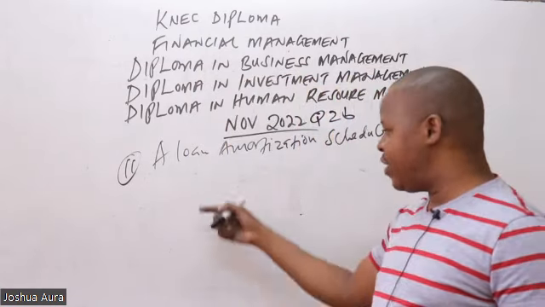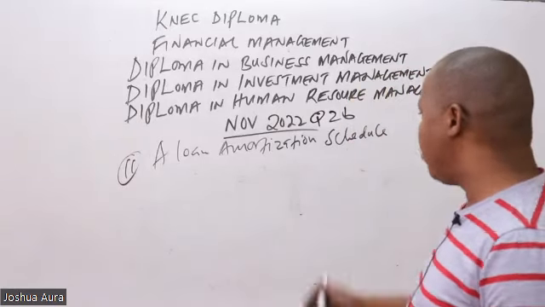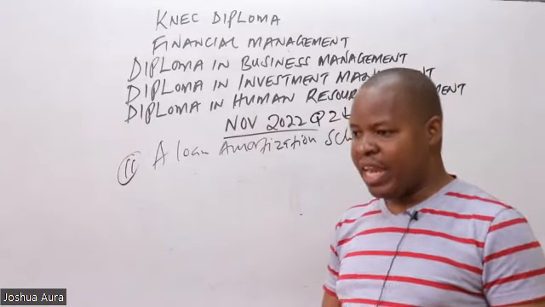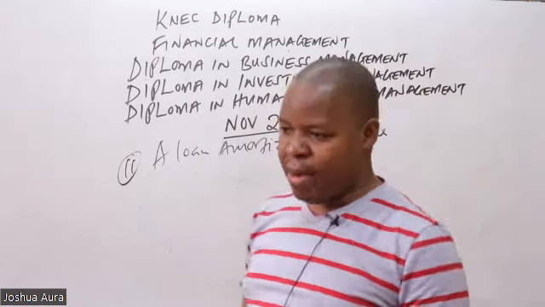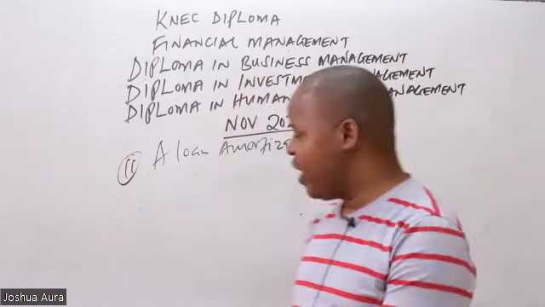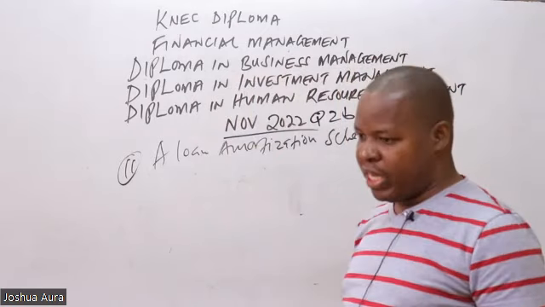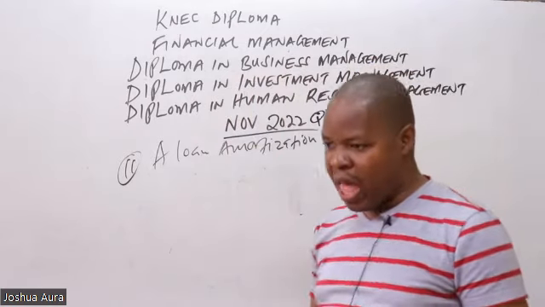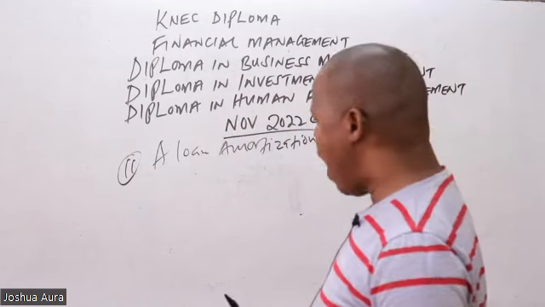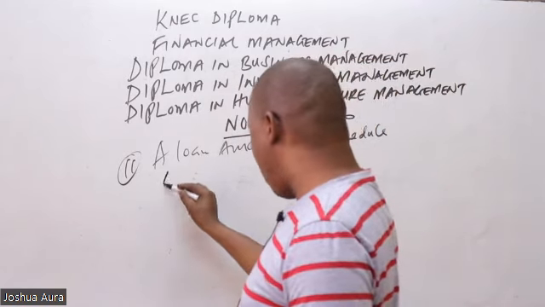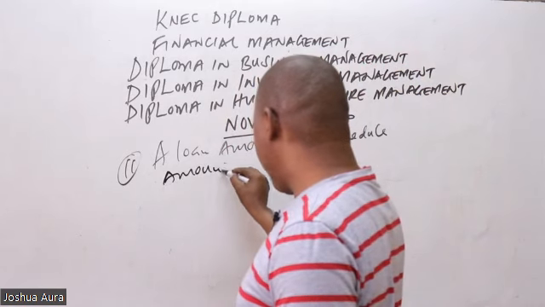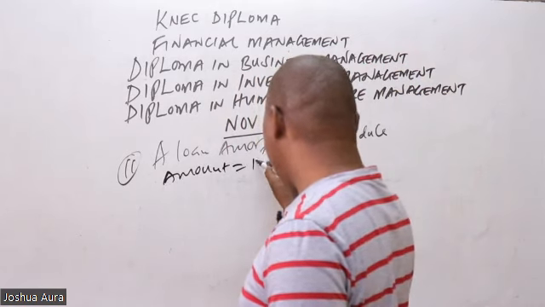But now let us do the loan amortization schedule manually. So how do we do a loan amortization schedule? Remember, we had our amount borrowed as 2 million.